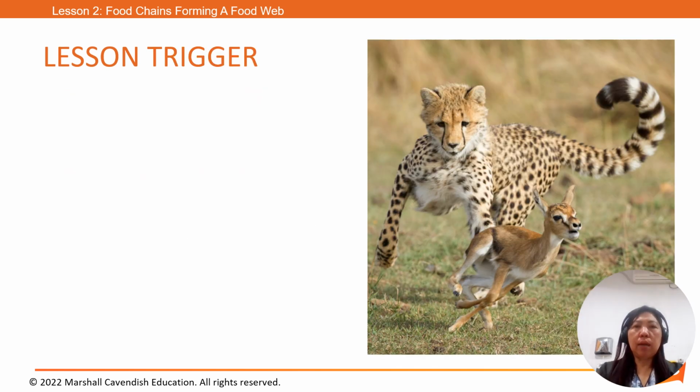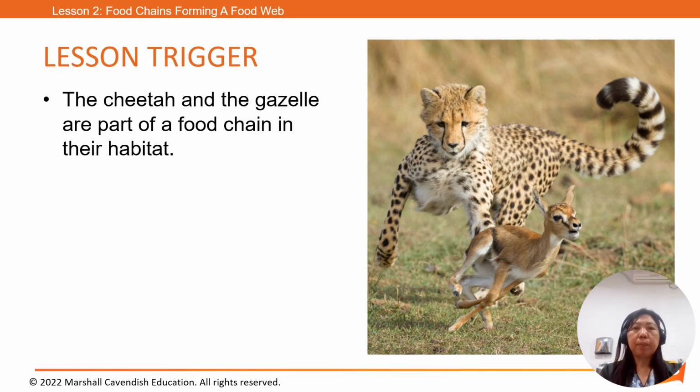Now let's start lesson 2 by remembering lesson 1 from our lesson trigger, where we see the cheetah chasing the gazelle. Do you still remember that the cheetah is the predator and the gazelle is the prey? Now we can say that the cheetah and the gazelle are part of a food chain in their habitat.